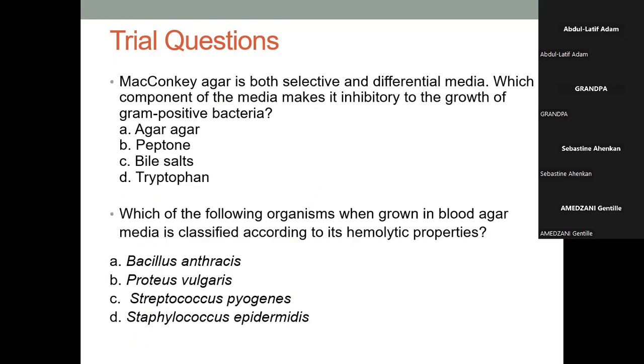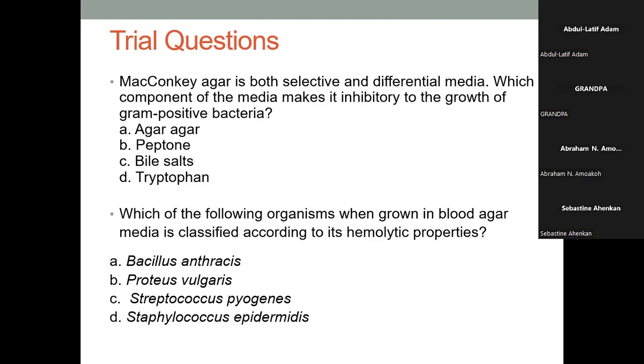MacConkey agar is both a selective and differential medium. Which component of the media makes it inhibitory to the growth of gram-positive bacteria? Yes, this one I think we discussed. C, the bile salts. Very good. Anybody with a different answer?